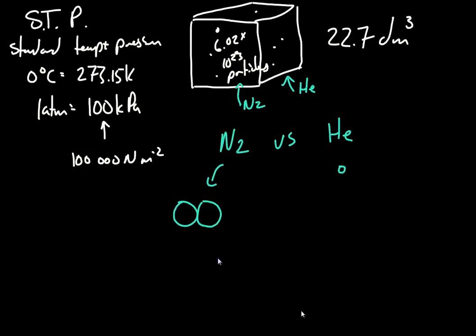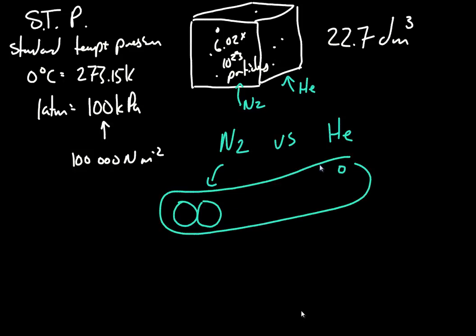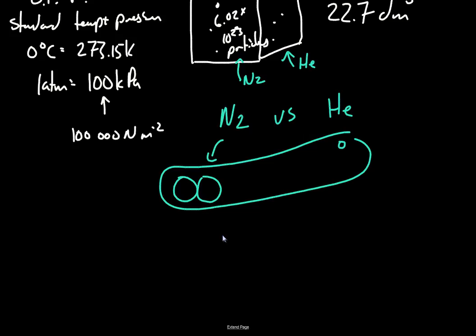And the answer is that this is not really an accurate picture of the relationship between the sizes of these things, at least compared to the amount of space that we're occupying here. It turns out that the size of these particles, regardless of which ones you're looking at, even super heavy gases like, say, radon, although they do have bigger atoms, the volume that those atoms occupy compared to 22.7 cubic decimeters is negligible.